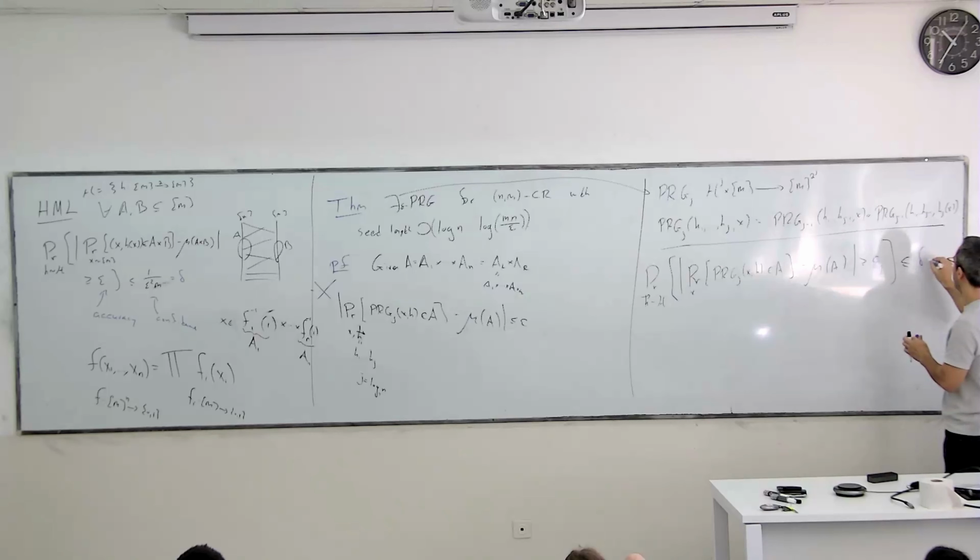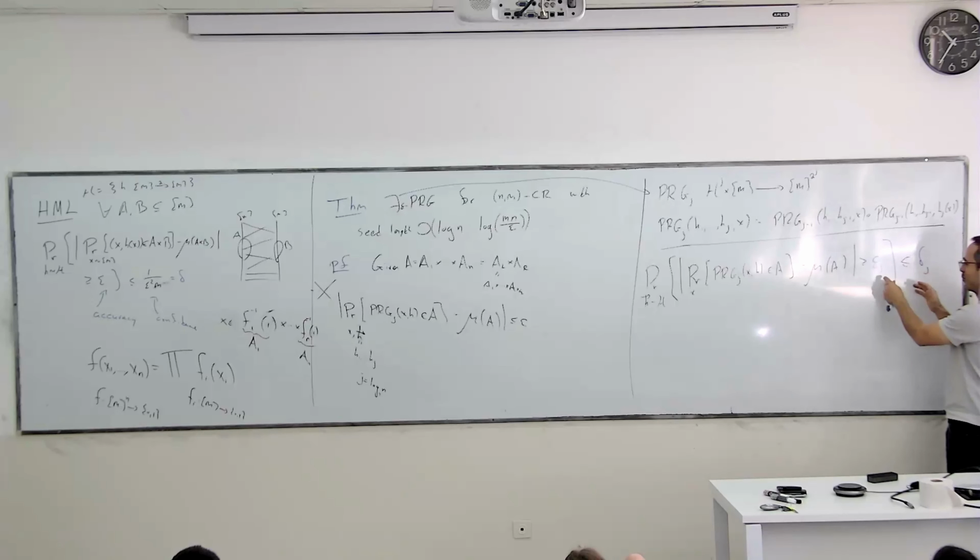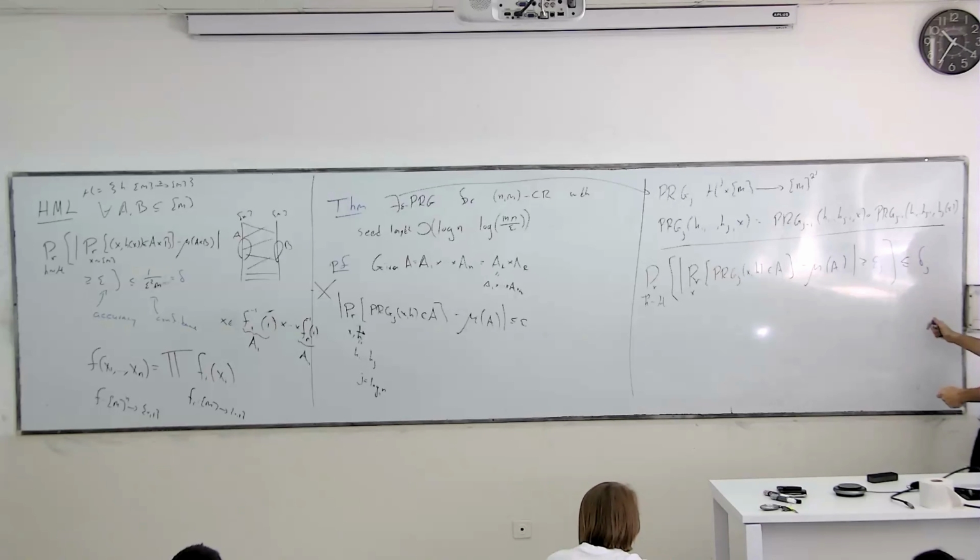So I want to show something like that. I want to find good epsilon and delta depending on J. I know what these are, but I want to keep it like that for a second. Sometimes when I do this, I don't know what these are, I'm just hiding it. But now I do know.